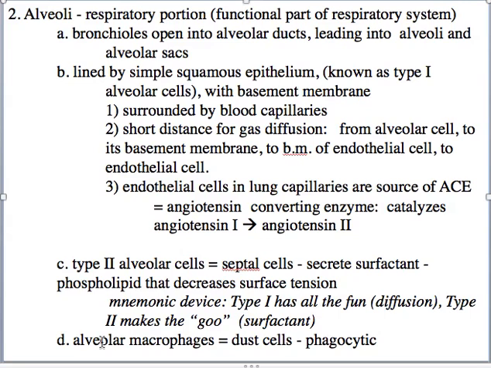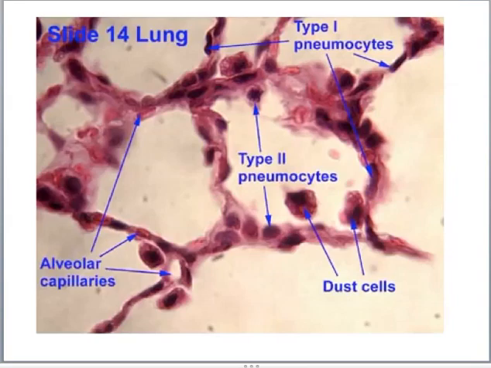And then the other type of cell in the alveoli is the alveolar macrophage, also called dust cells, and these are phagocytic. They will phagocytize particles and debris in the lung tissue.